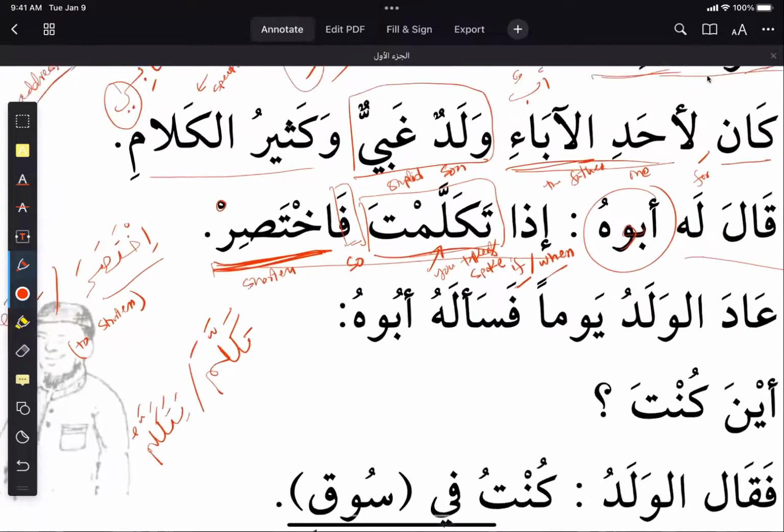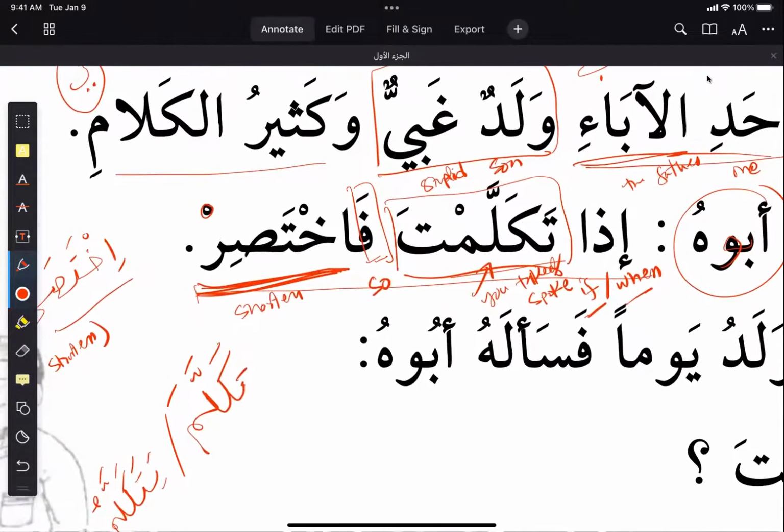So now let's go back to the sentence. إِذَا تَكَلَّمْتَ فَاخْتَصِرْ. Just like in English, when we say if, we often use the past tense verb to mean something in the future, right? If you came, I would do something.